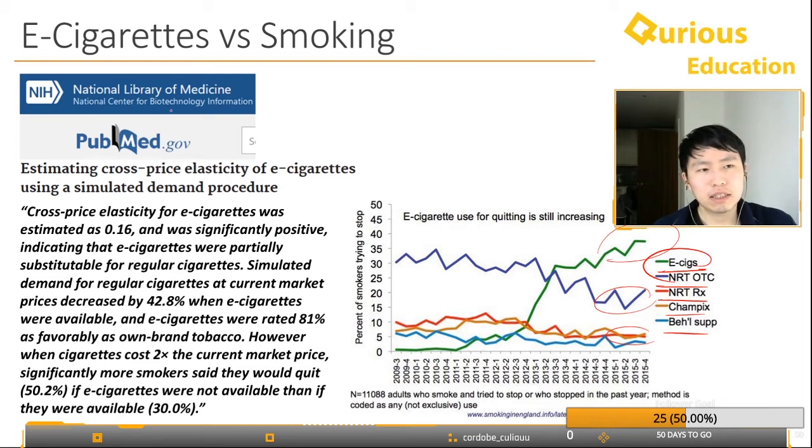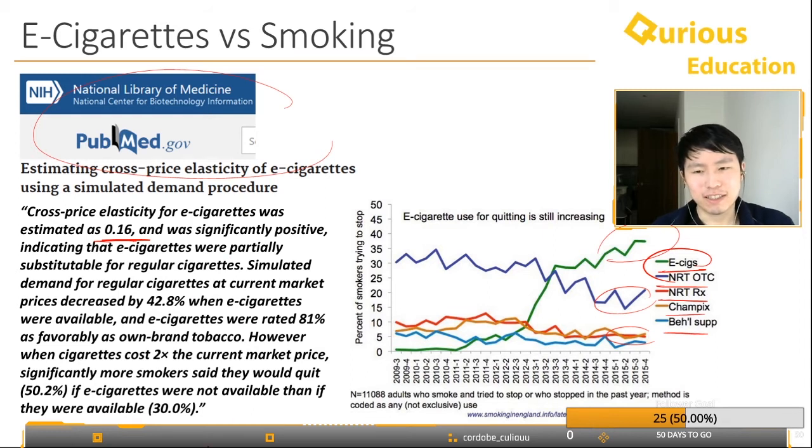And also we can see here that this article estimates the cross price elasticity of e-cigarettes and smoking cigarettes, and there is a positive cross price elasticity between the two goods.